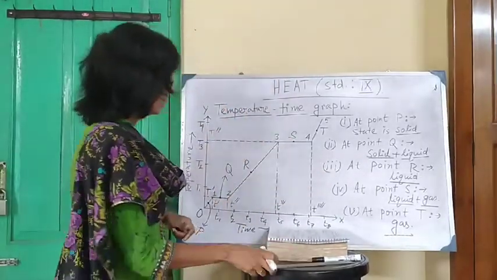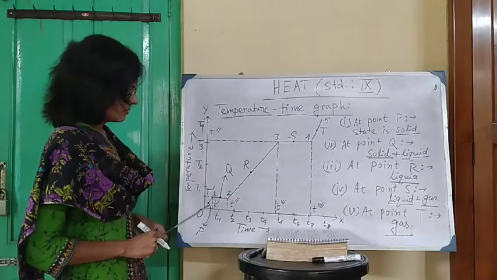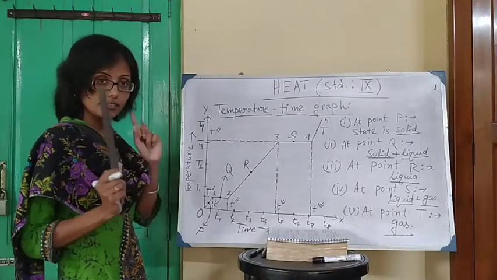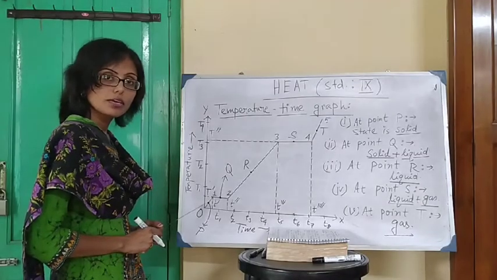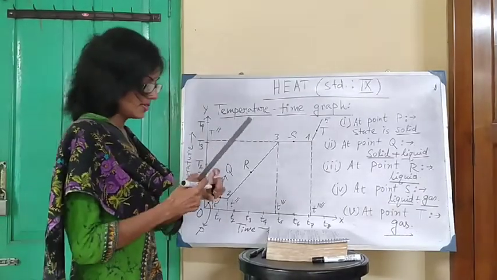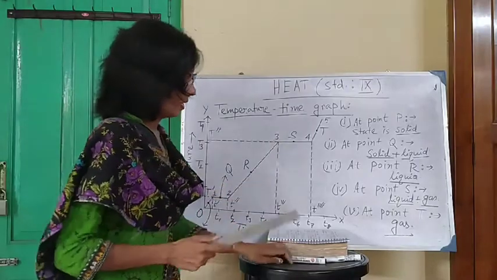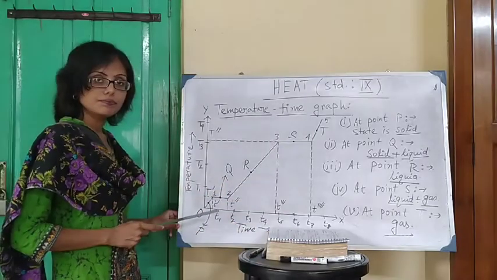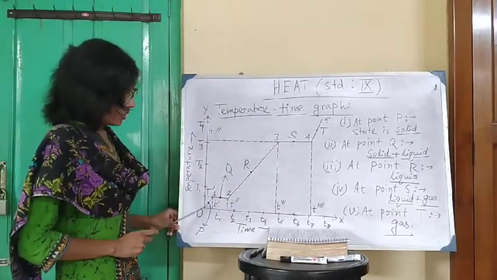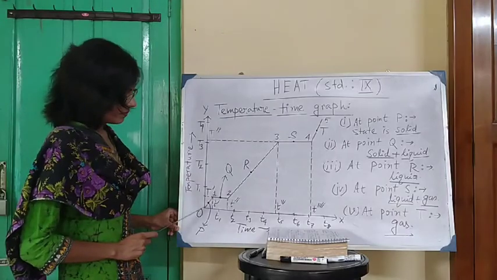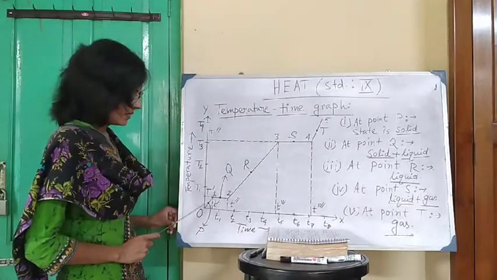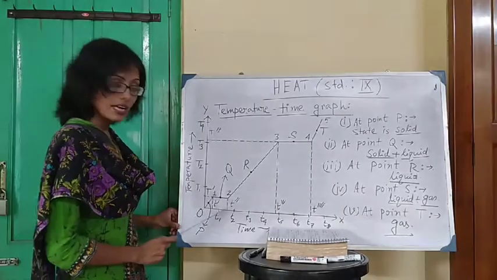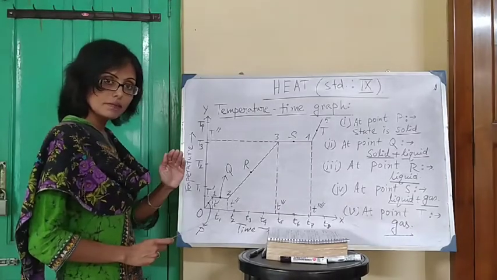Now, at the starting point, initially, the solid is here. We are supplying heat from outside. Clear? So, along with the time, the graph is like this. Temperature is increased and time is also increased as heat is supplied.